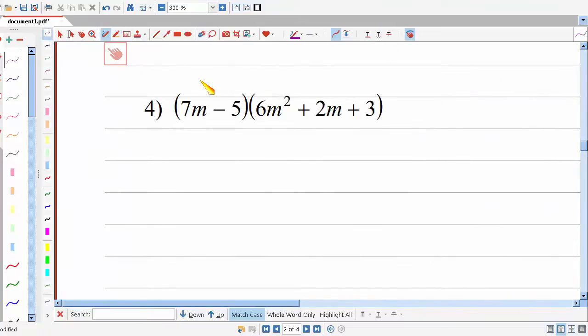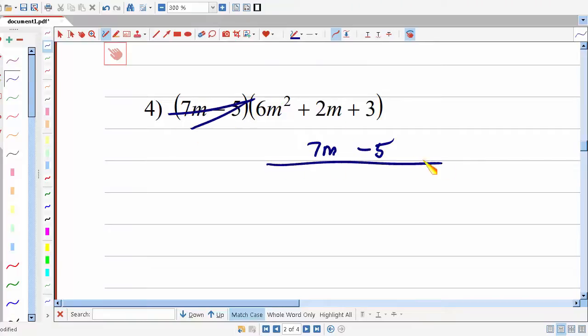Okay, there's two approaches. One approach is to distribute twice. I like to do the approach where you write one of the polynomials underneath the other one. And then first thing I'm going to do is multiply negative 5 times each term above it. Now I'm going to do 7m times each term above it.